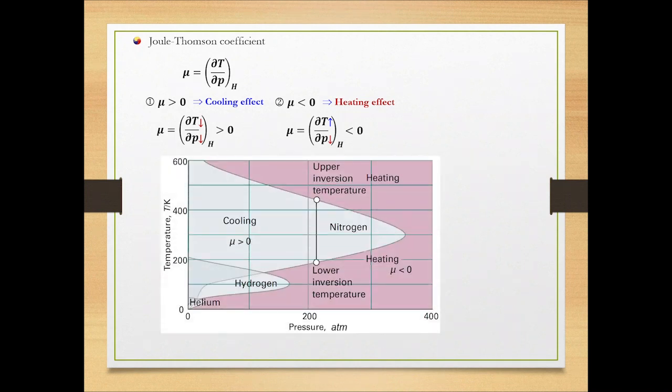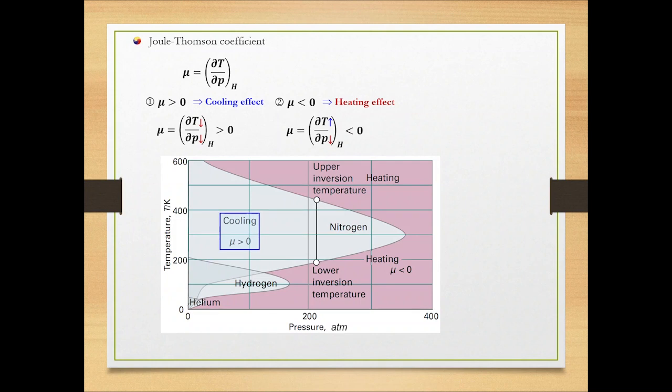This plot illustrates how the sign of the Joule-Thomson coefficient of real gases depends on pressure and temperature. Focus on nitrogen gas. The gray area inside the boundary is where the coefficient is positive, and consequently, cooling effect is expected. Previously, I mentioned deflating a tire on a hot summer day.